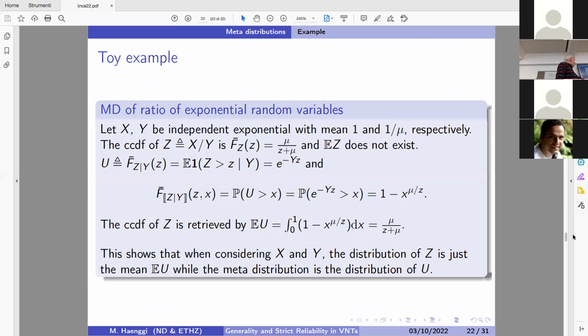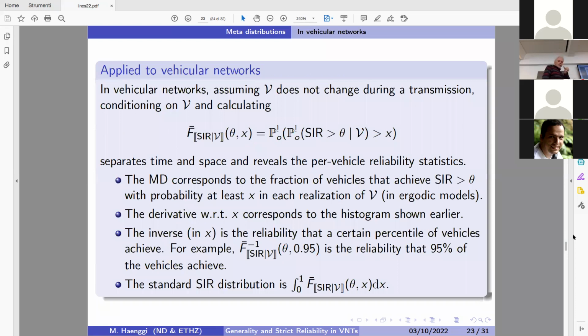And then we can retrieve the original CCDF by integrating. So if we actually consider x and y, the distribution of z is just the mean, while the meta distribution is the distribution. So if we want to learn something about the inner structure of z, namely how it depends on x and y, now we can use this form of a distribution.